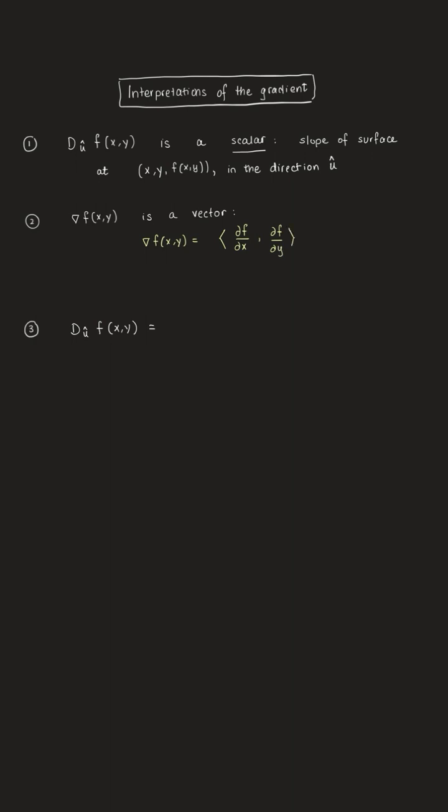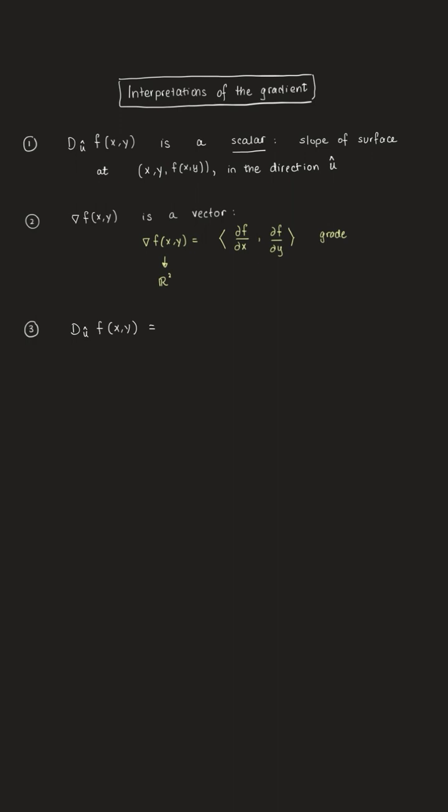And so this vector tells us how much our function's changing in the x direction, and the y component is how much the function's changing in the y direction. Notice also that when our surface is in R3, the gradient is in R2. It's a two-dimensional vector. So if our surface lives in space, our gradient lives on the xy plane.